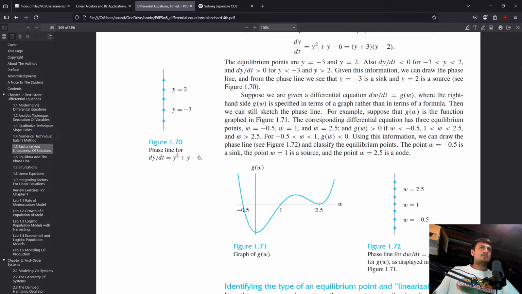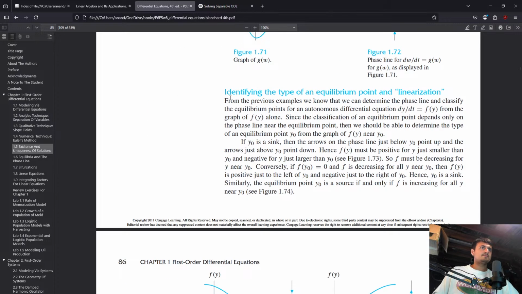Actually, I wanted to read this section on linearization. From the previous examples, we can determine the phase line and classify the equilibrium points for an ADE from the graph of f of y alone.